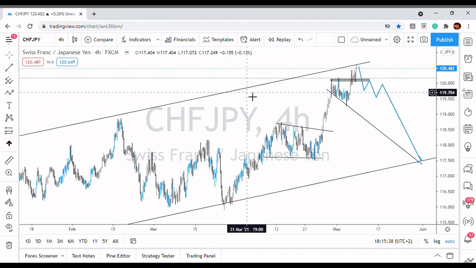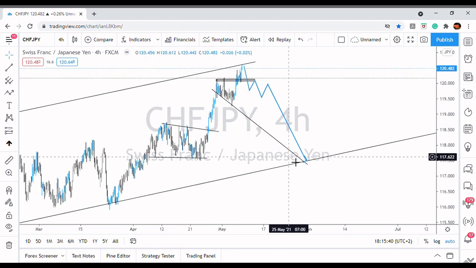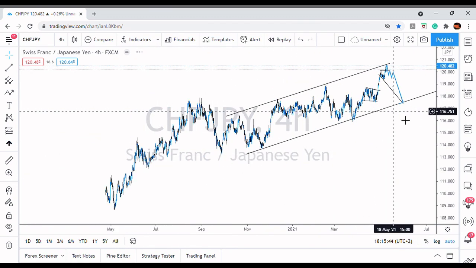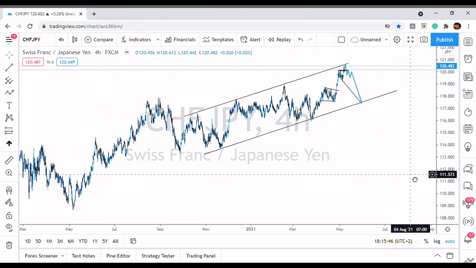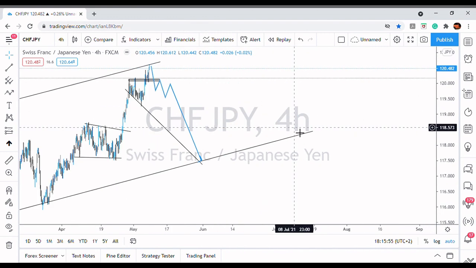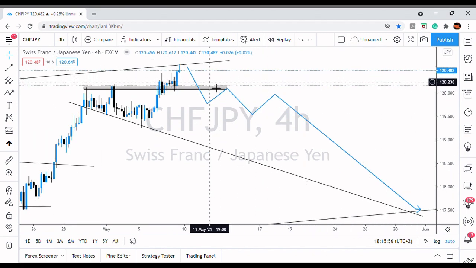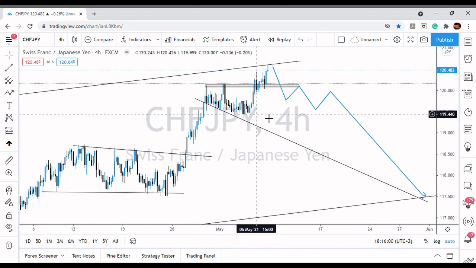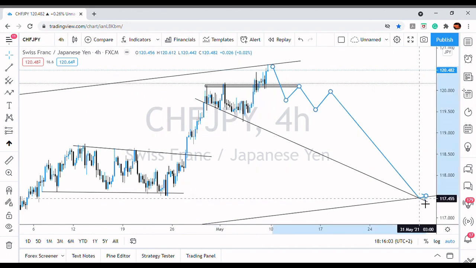That is what I'm anticipating, a strong push to the downside. Then after that, we might have bulls going to the level that I said this is going to, which is 124. I'm gonna share the analysis of this. The purpose of this video is just for you to see why I'm saying that, so that you can decide if you're going to trade with me, not just trade because I send the analysis.